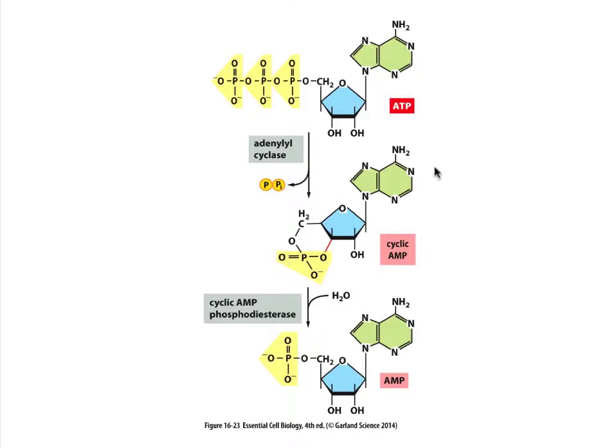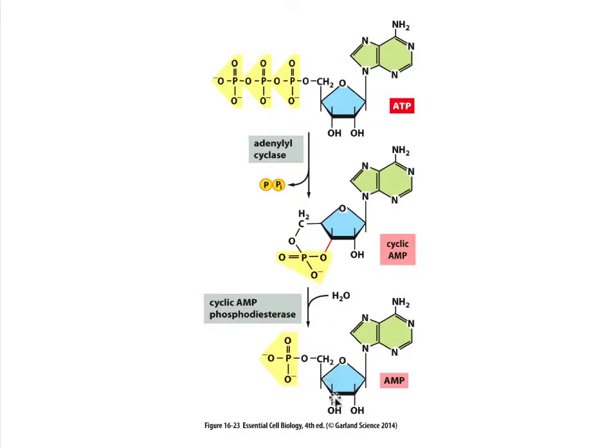Therefore, this entire molecule containing adenine and ribose is called AMP. But it's not just AMP, it's cyclic AMP. And this is a secondary messenger. The cyclic AMP, once it's not needed any further, instead of going back to form ATP, it's simply hydrolyzed by another enzyme called cyclic AMP phosphodiesterase.